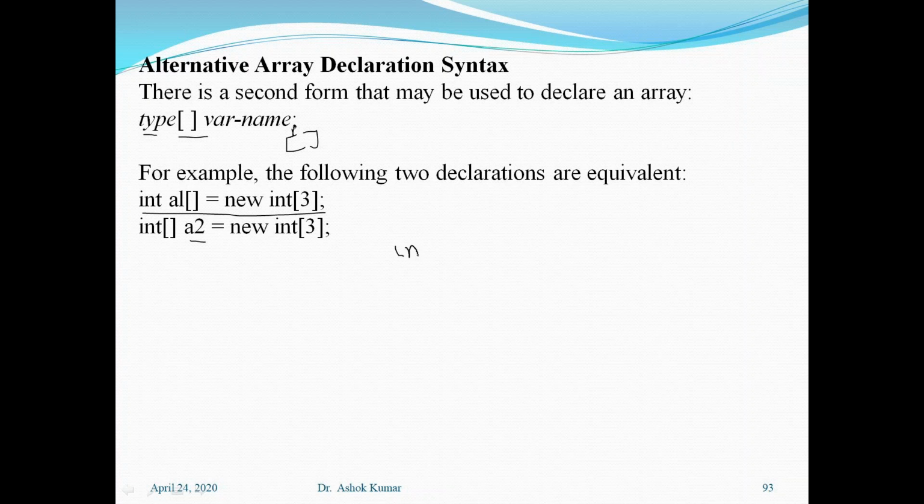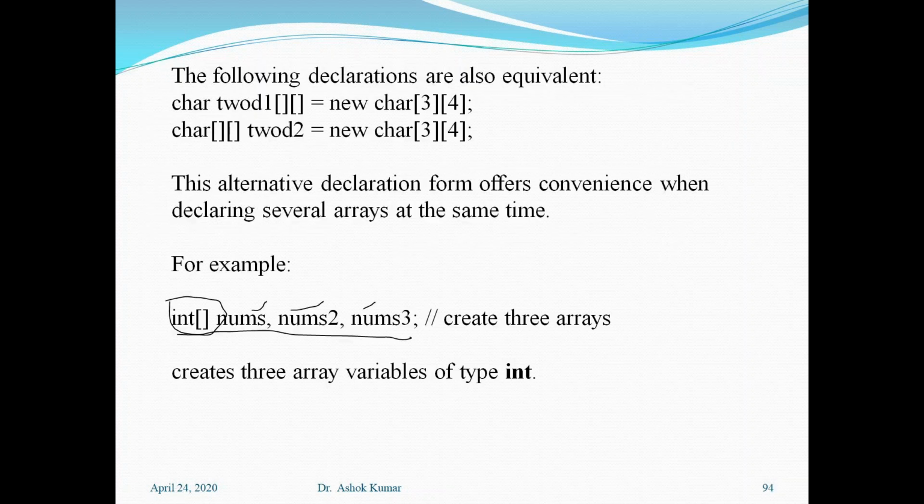So I have to write int a1, then empty square brackets and a comma. If I want to create a second array, I will write a2, then a second pair of square brackets, and so on, right? But with this notation, you can create multiple arrays using just one pair of square brackets with the data type.